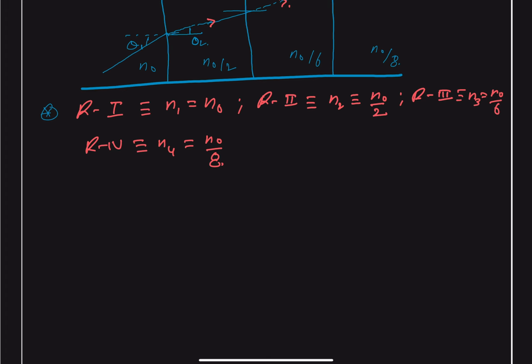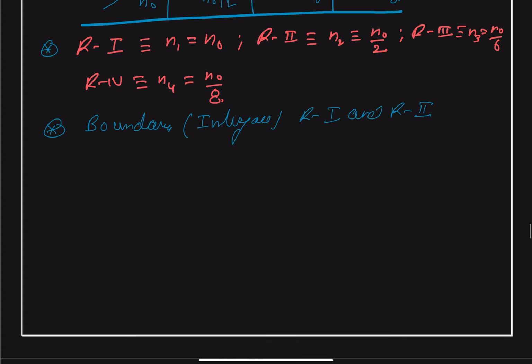So we can use Snell's law at the boundary, or we can say the interface, of region 1 and region 2. So we can write n1 sine of theta 1 is equal to n2 sine of theta 2.